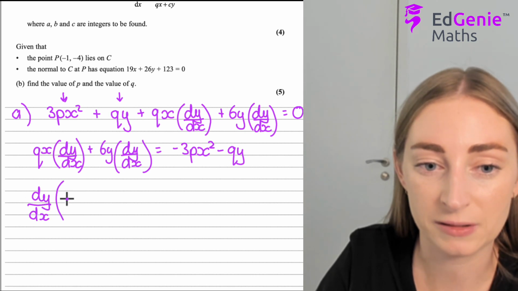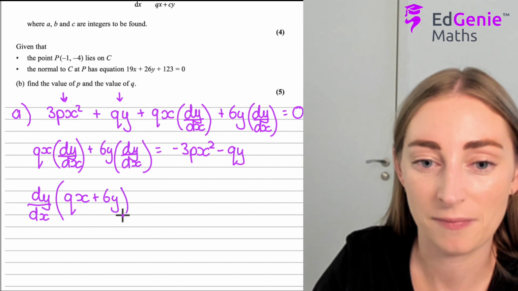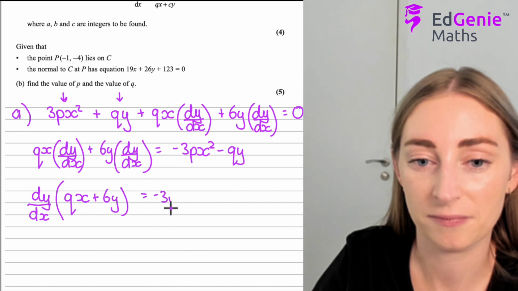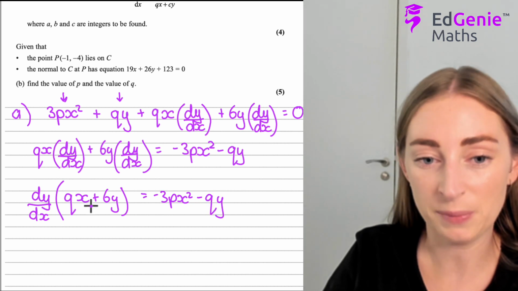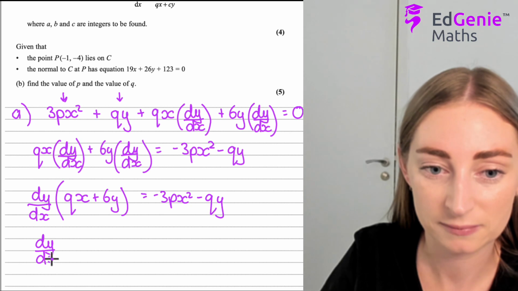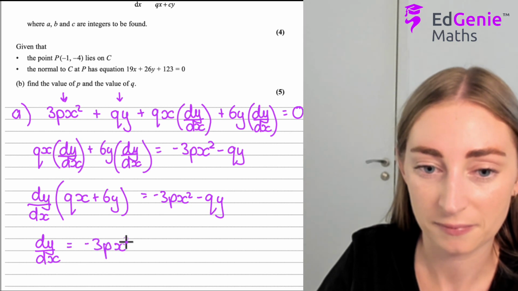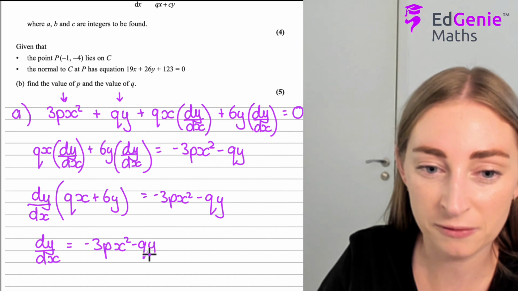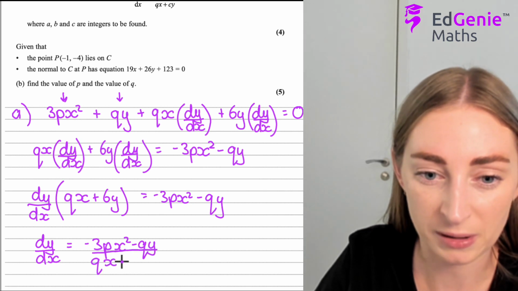And I'm going to have qx plus 6y. Divide both sides by this, and we are left with, now this might not be the format they want, so we might need to do some multiplying by negatives.